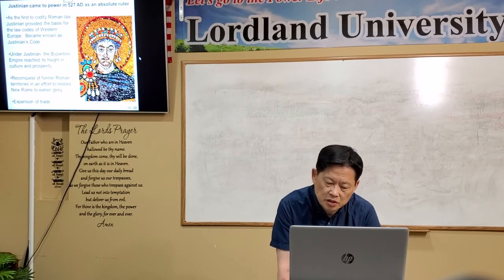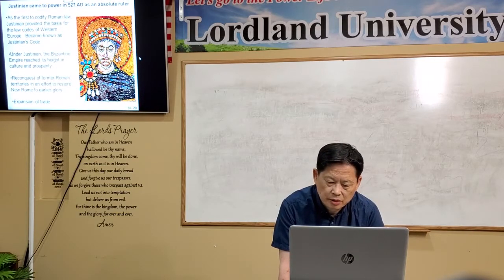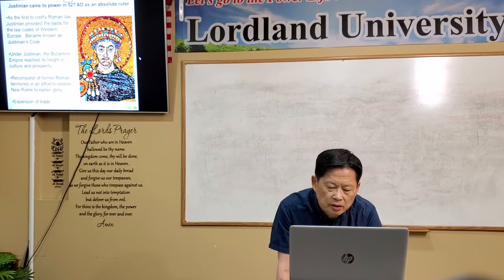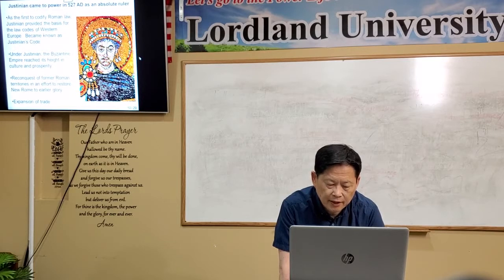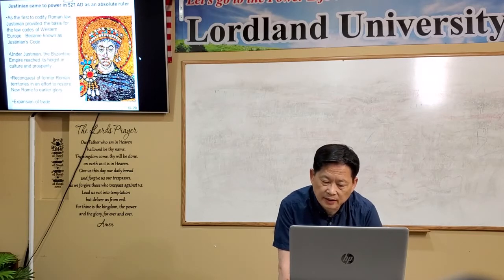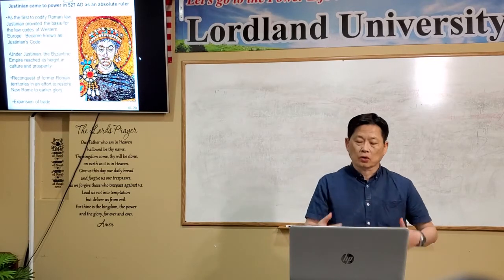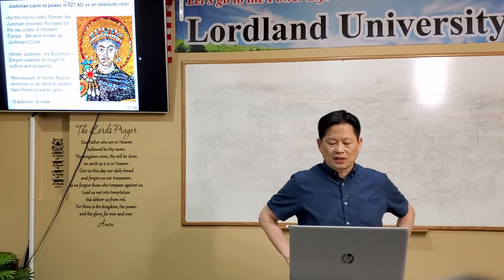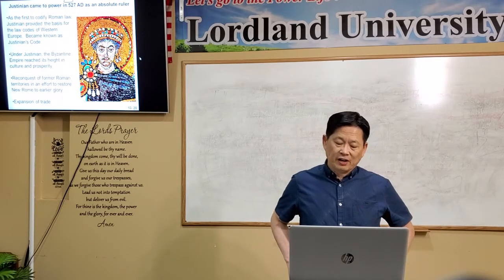Under Justinian, the Byzantine Empire held riches, culture, and prosperity. He conquered the former Roman territory in an effort to restore the New Rome to the earlier glory of the Roman Empire.